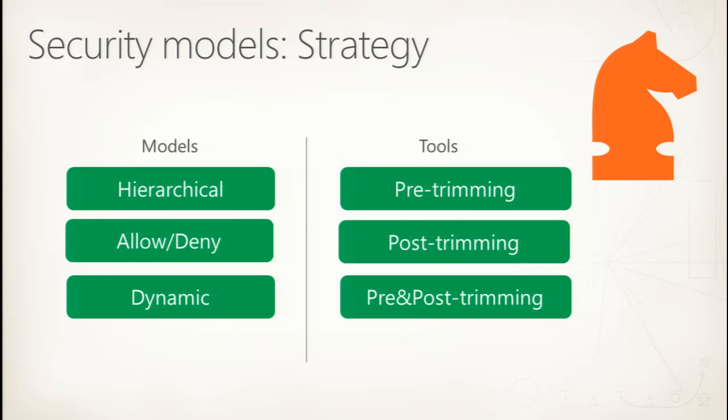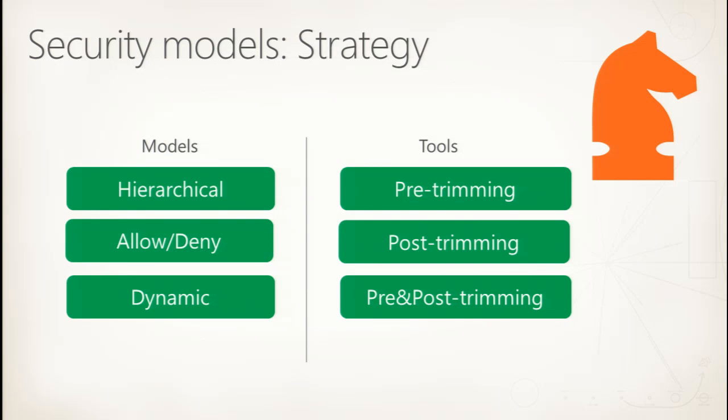What kind of strategies are there to take into account when trying to figure out what kind of solution I need? Well, we have touched upon a couple of different security models already today. We have touched upon allow deny, meaning a flat model. We've also touched a bit on dynamic. There's also the traditional hierarchical model that you can flatten if you need.